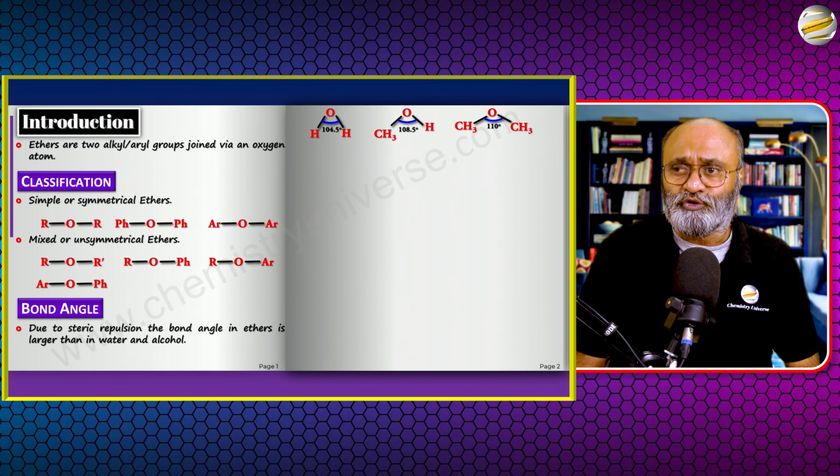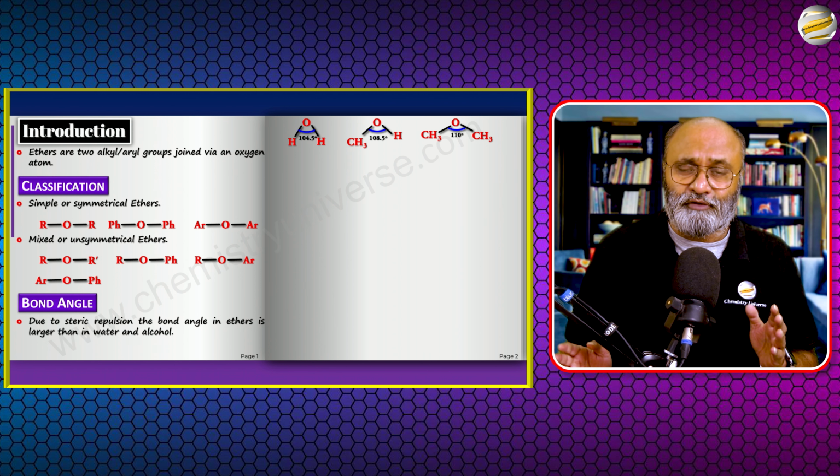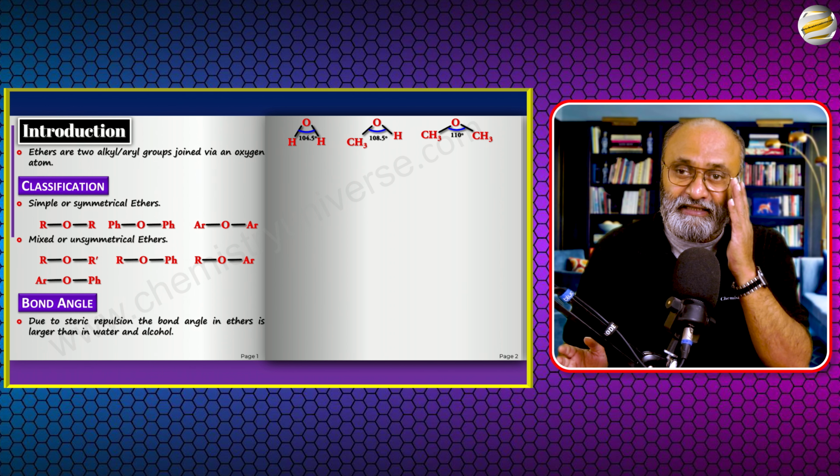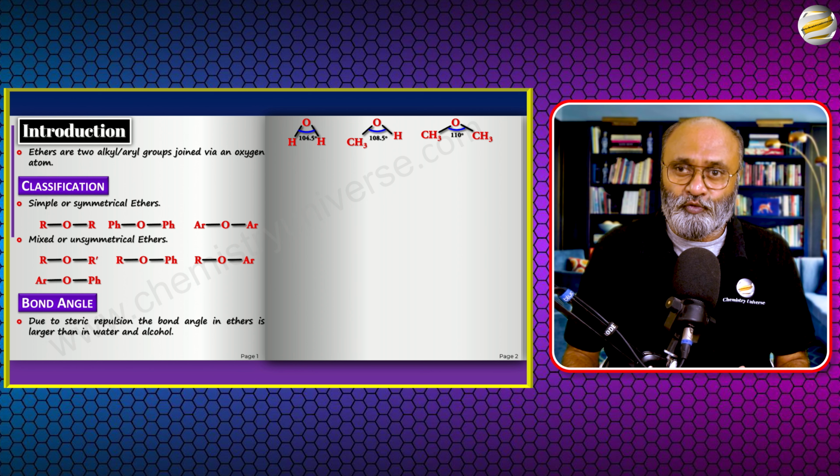Now, if I were to ask you, what would you guess would be the dipole moment of dimethyl ether and diethyl ether? Basically, dimethyl ether is the one which on both sides you have methyl groups. And diethyl ether is the one in which you have an ethyl group on both sides. So which one do you think will have a greater dipole moment?